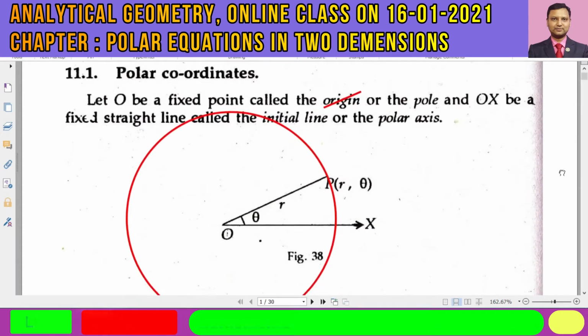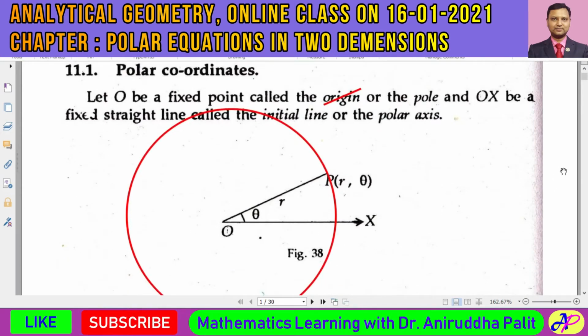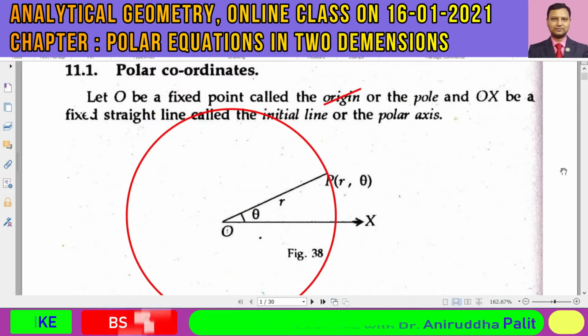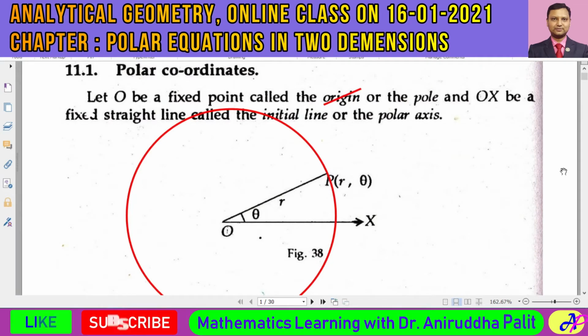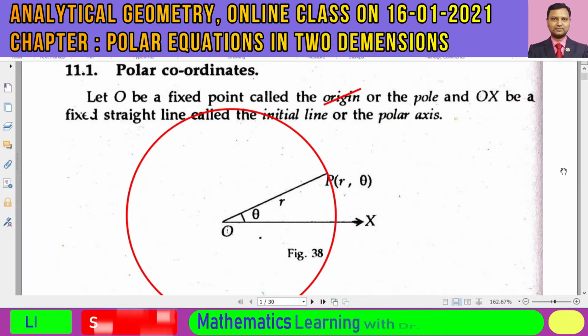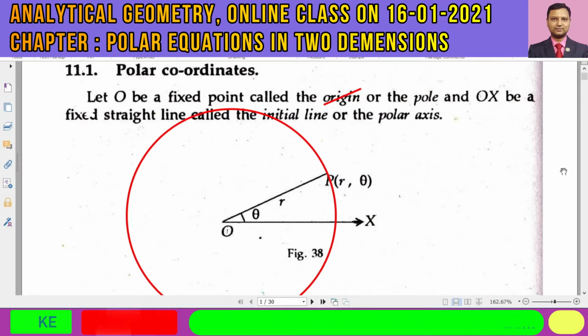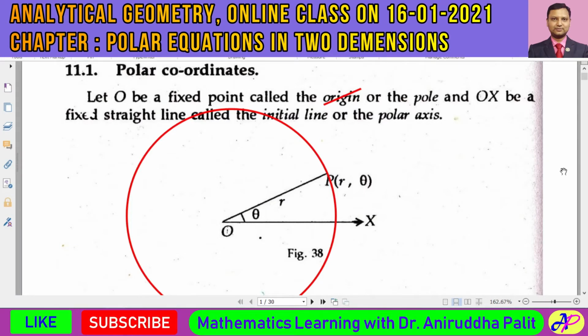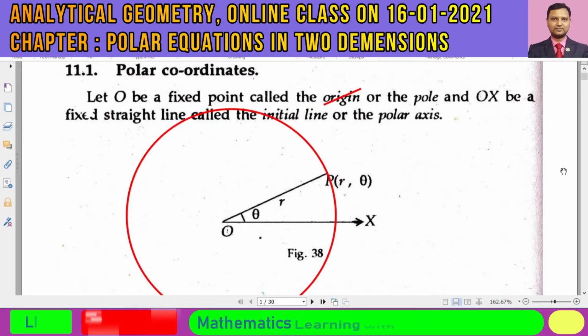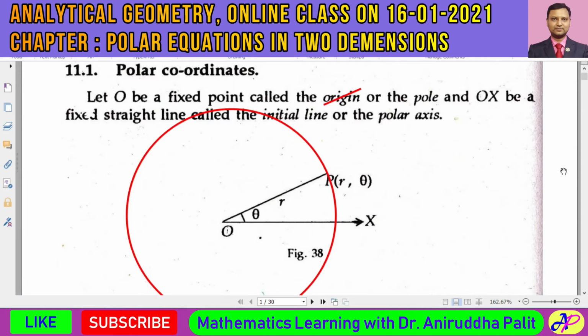We know that in order to represent the position of a point, generally we have the concept of coordinates. We introduced the concept of coordinates, and we discussed the Cartesian coordinates. Coordinates are actually a reference frame, and in order to study the geometric aspects, we always require a reference frame.